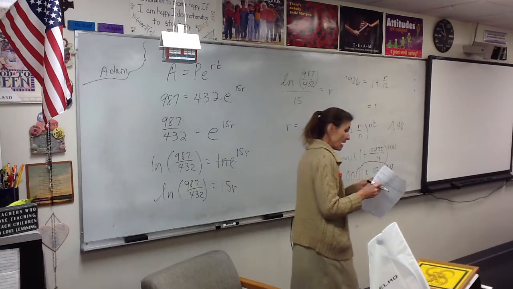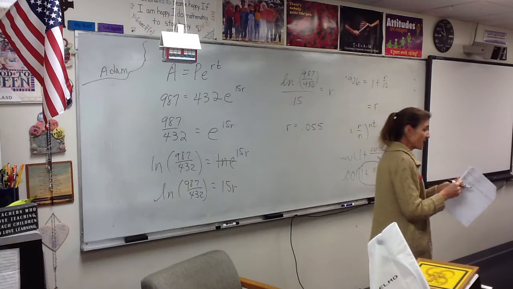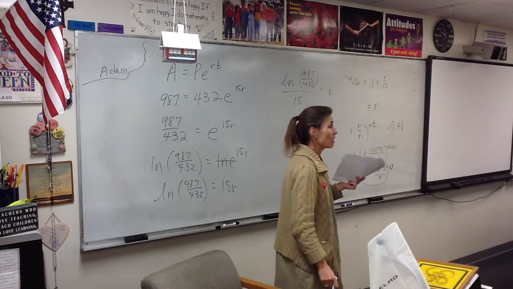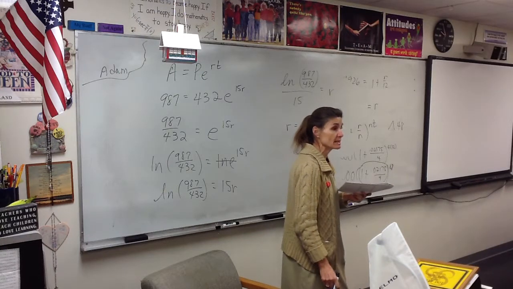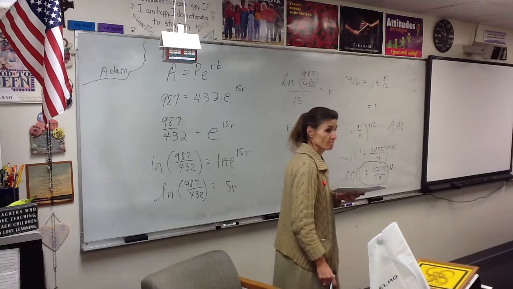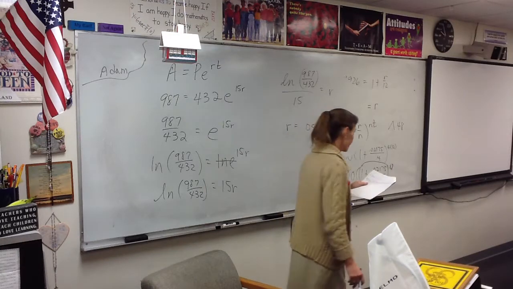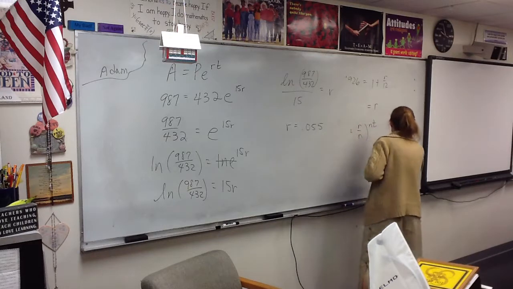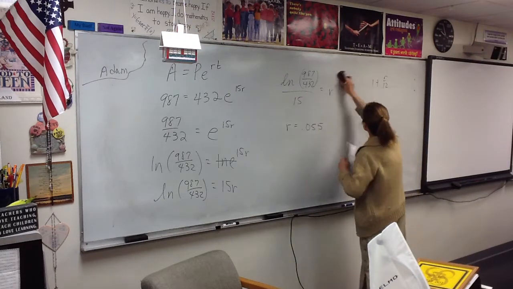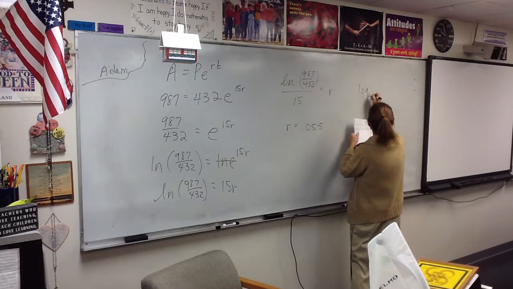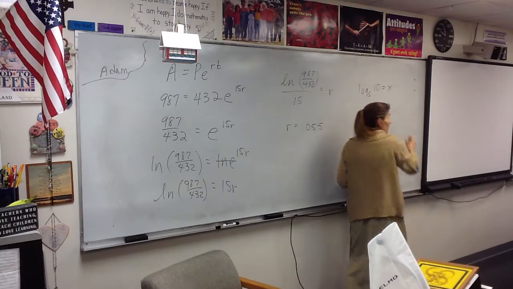All right, now while we are right here with our calculators, let's go ahead and do problem 7, because problem 7 also uses a calculator. So tell me how you think we should start that problem.